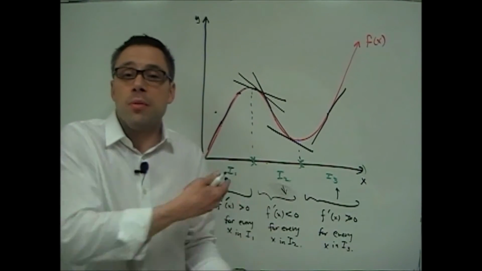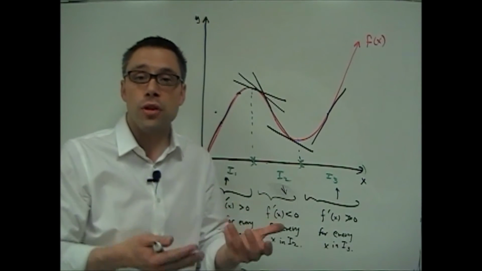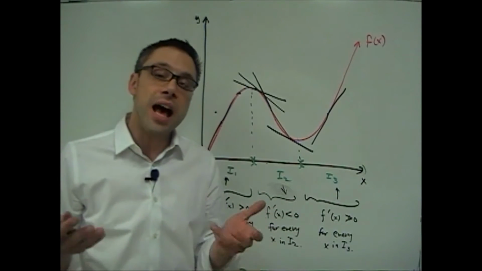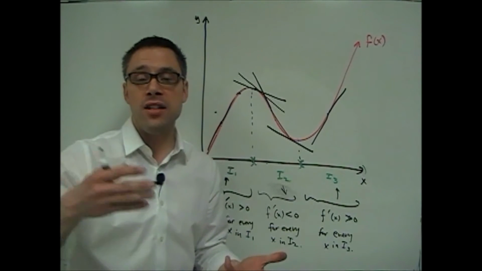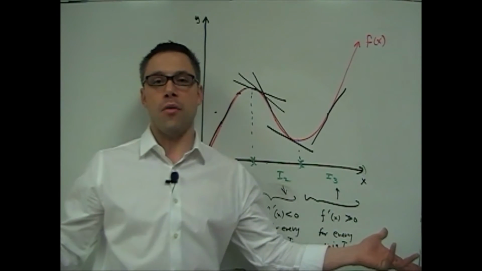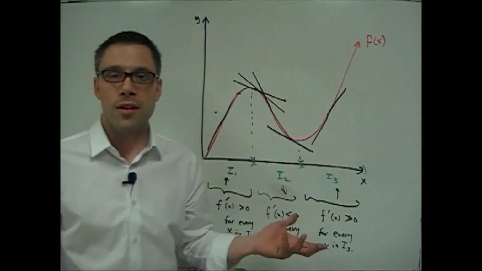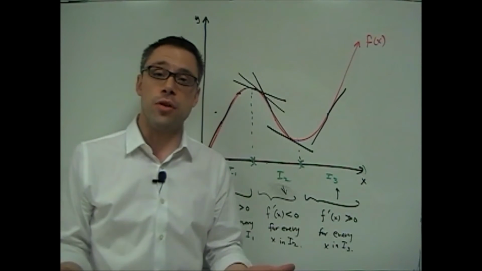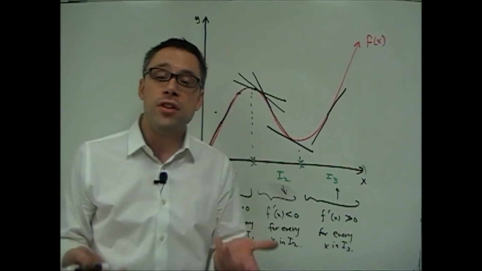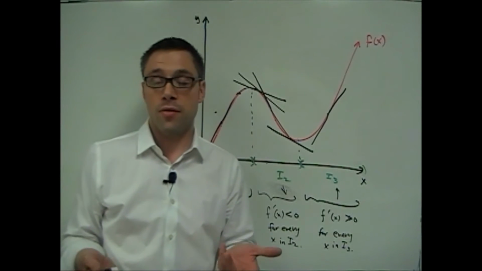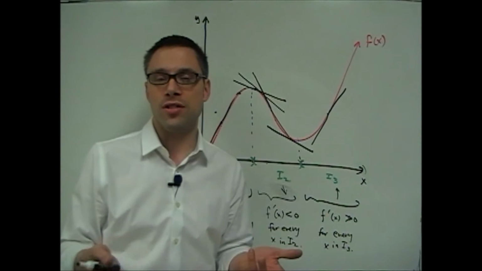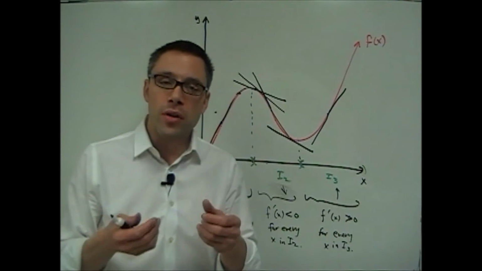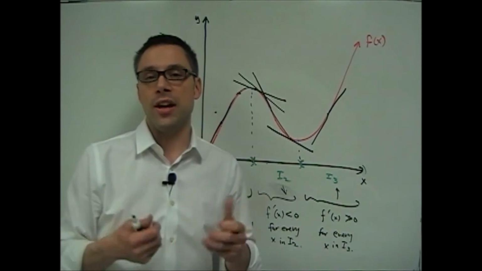Now we've noticed something geometric, and this relates to calculus. So now we can use this to determine when a function is increasing and decreasing. We've got a definition already devised here. That is, a function is increasing on an interval if the derivative of that function is positive for every point in that interval, and similarly, a function is decreasing on an interval if the derivative is negative for every point in that interval.